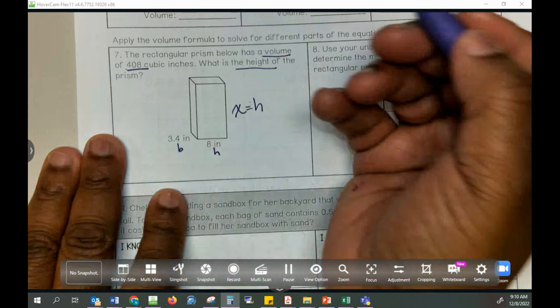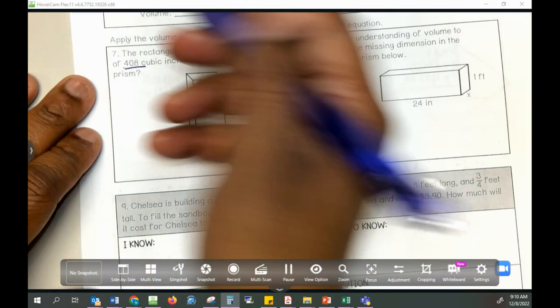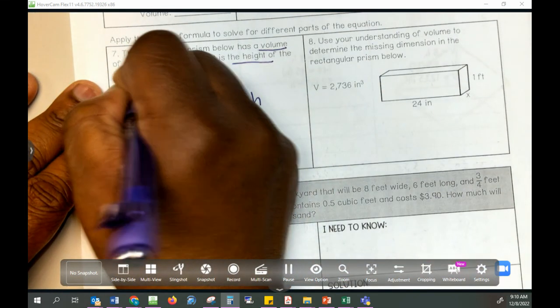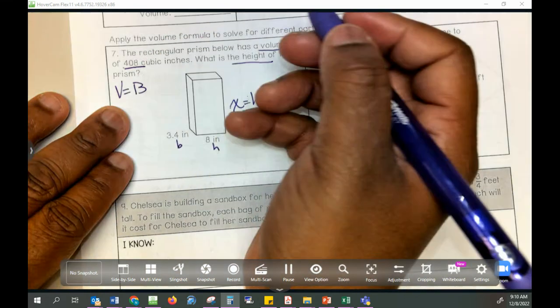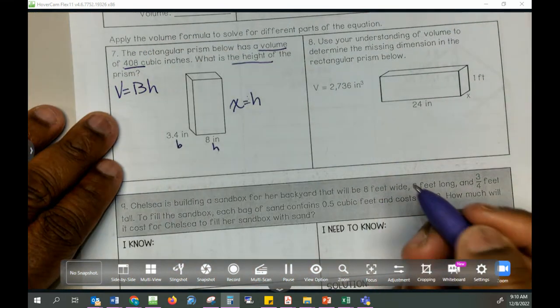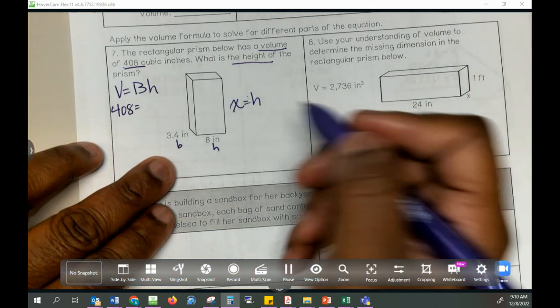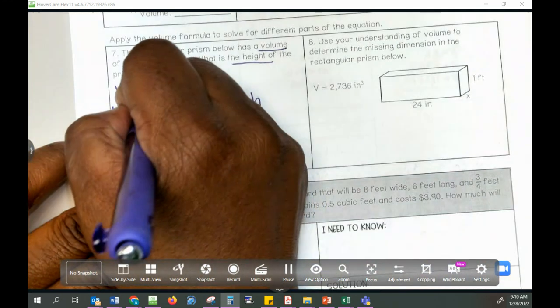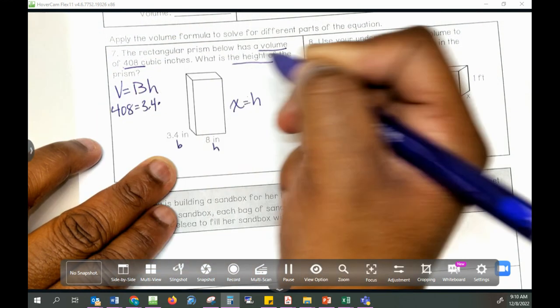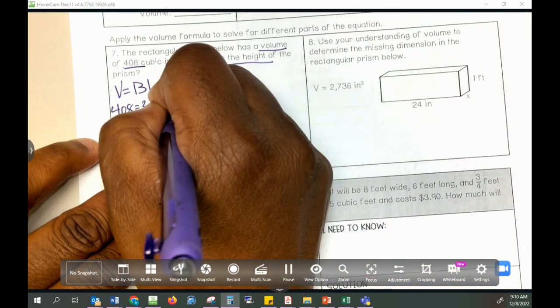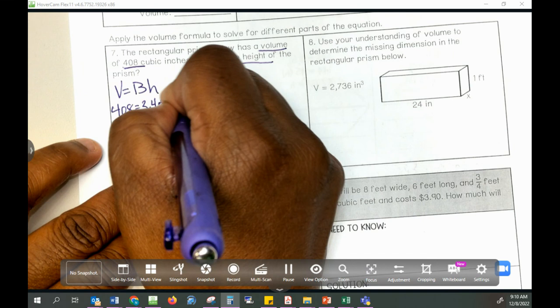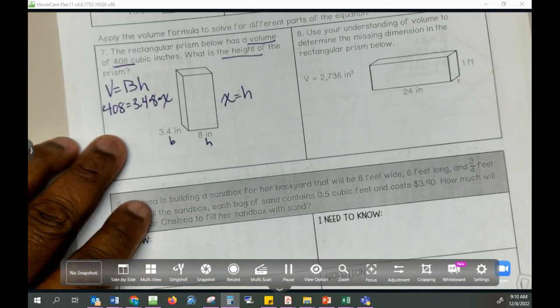So again, you still use the same formula. Nothing changes. We're still using volume equals big B times H. I know my volume, so I'm going to say 408 is equal to big B, which is 3.4 times 8, times the height, which I don't know, so I'm going to put an x there.